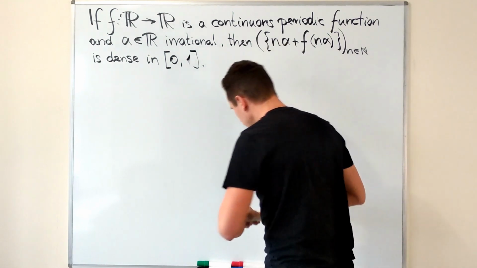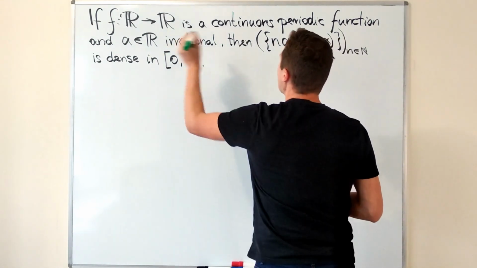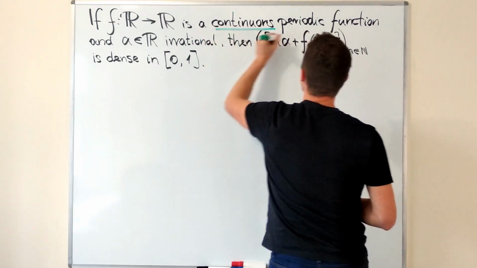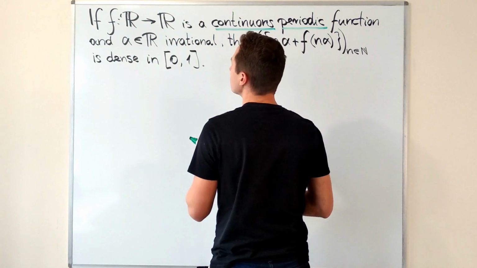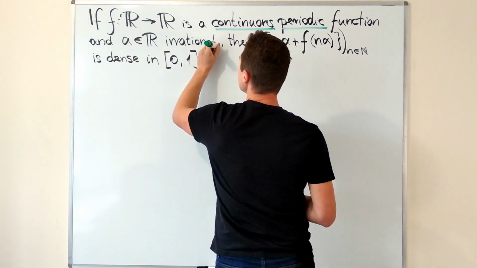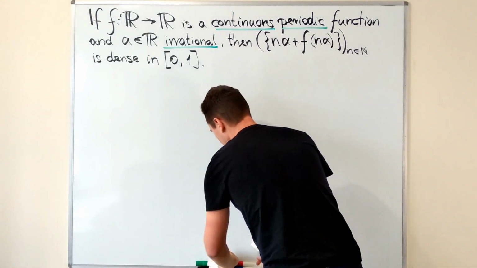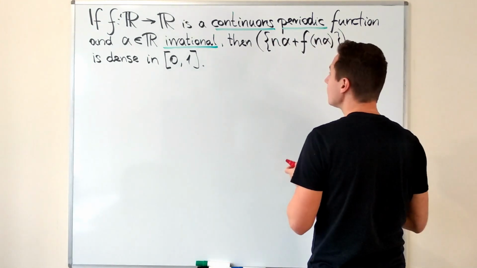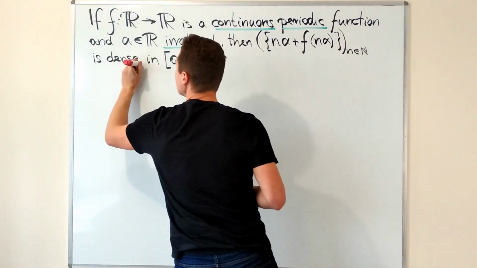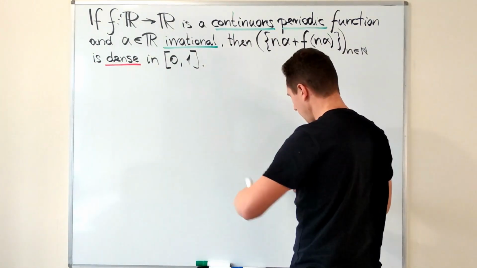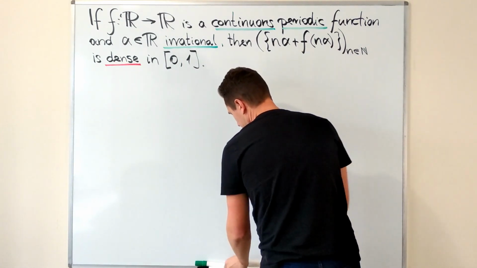Okay, so again, f is assumed to be a continuous and periodic function. Alpha, this fixed real number, is assumed to be irrational, and our statement is that then the sequence of real numbers is going to be dense in the closed interval 0 to 1.